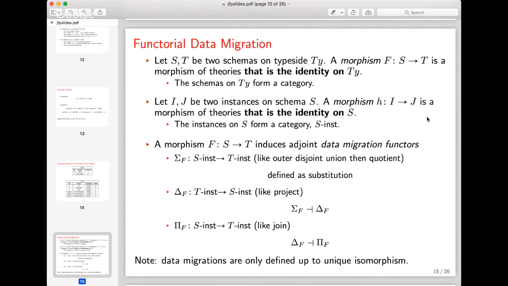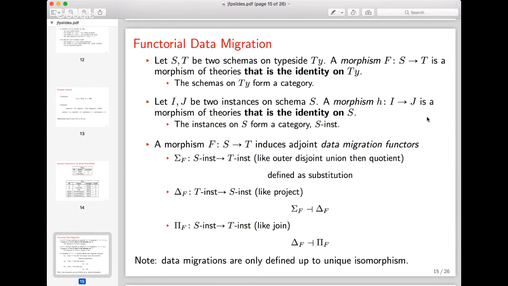So suppose we have a schema mapping, f taking S to T. Then here we define sigma f, which goes forward, takes S instances to T instances, as substitution. And then delta is its right adjoint, and pi is delta's right adjoint.